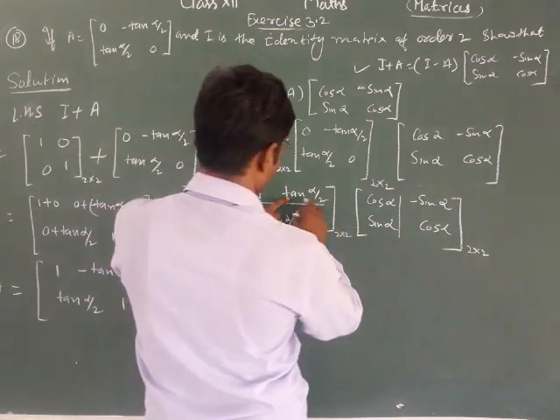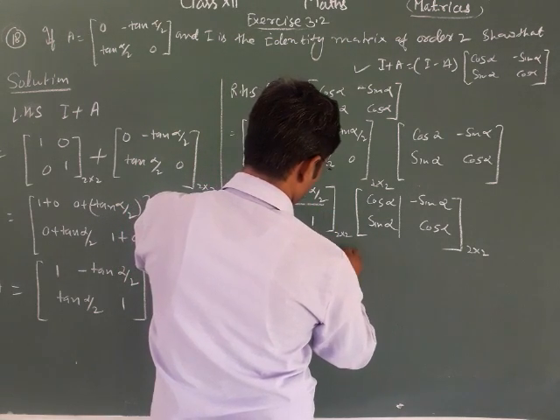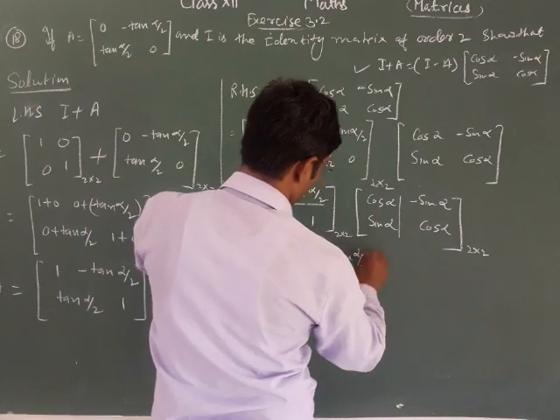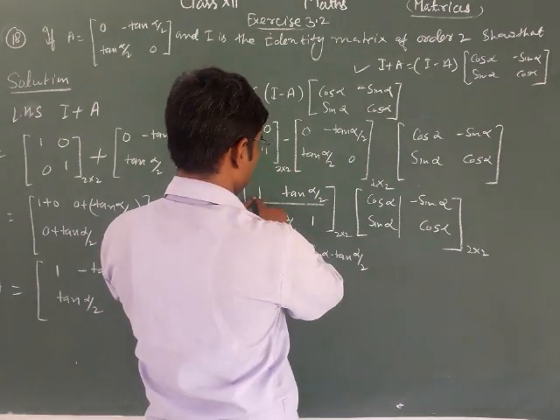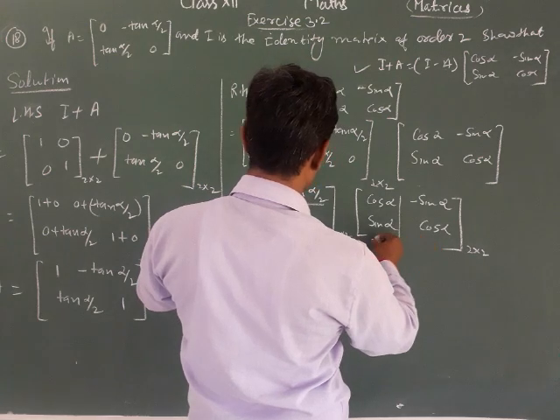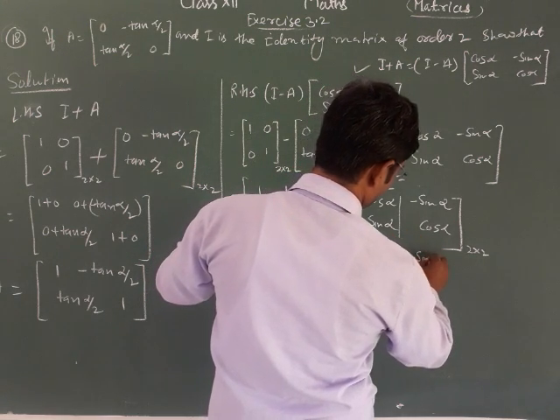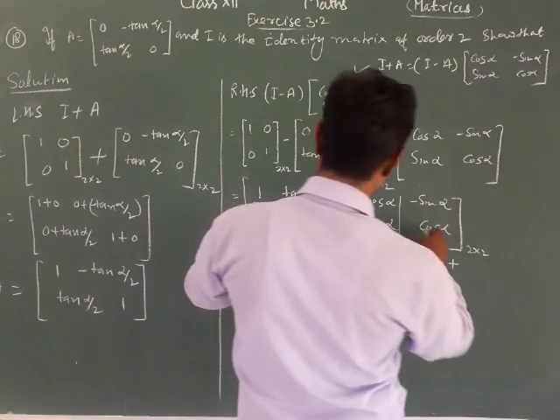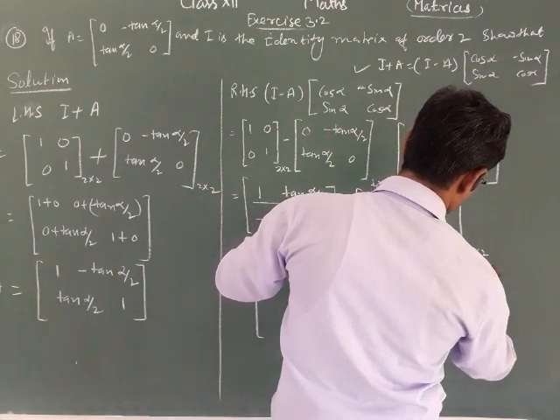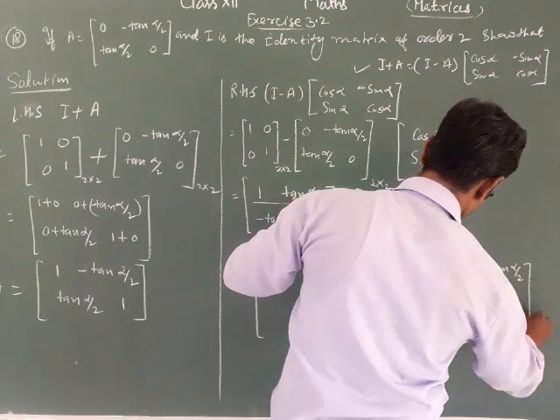we get 1 into cos alpha plus sin alpha into tan alpha by 2. Also, taking first row and second column, we get 1 into minus sin alpha plus cos alpha into tan alpha by 2.